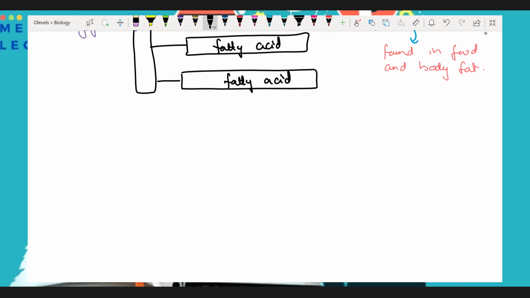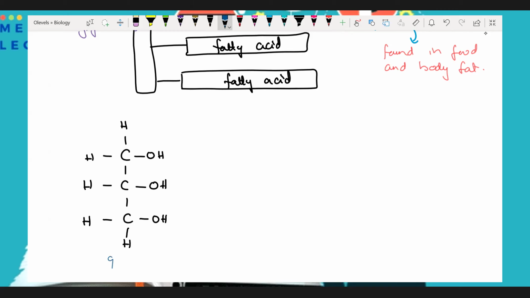Yes, ma'am. Okay. So this is carbon attached to carbon. In one glycerol molecule, you have a three carbon chain that is connected to H and OH. Okay. And here it is connected to OH and this hydrogen. Yeah, this is actually the glycerol molecule.